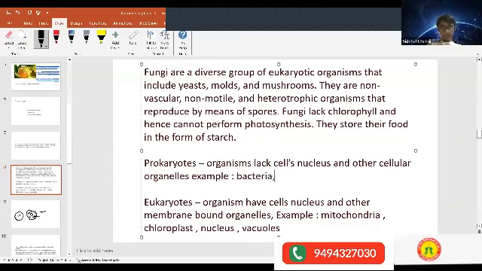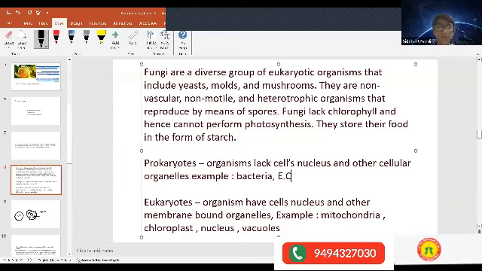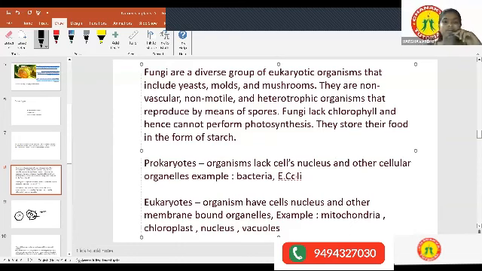No, amoeba is not a prokaryote. Archaea, okay. I don't know much about that archaea. Do you guys know E. coli, Escherichia coli? These are some of the organisms that are prokaryotes. They don't have a nucleus and cellular organelles.